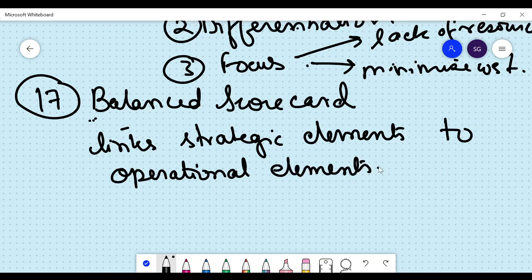Strategic elements include mission objectives and operational elements include target key performance indicators. So it links the strategic elements to operational elements and gives us a performance measure from a range of perspectives. So balanced scorecard is all about different perspectives. It might be financial perspective, customer perspective, non-financial perspective, any other perspective.